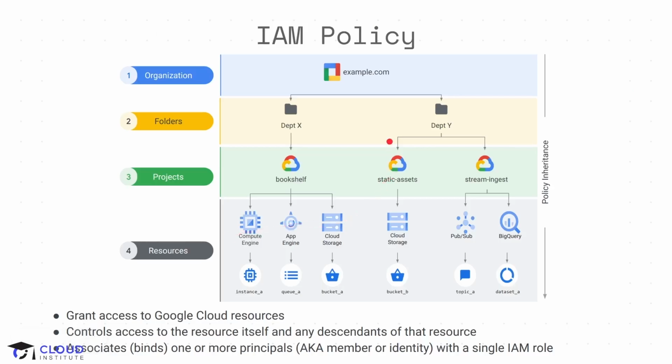We can return here to the policy, and we can see the policy is inherited from the upper node to the lower node. What does it mean? If we assign to some member a privilege on the organization node, this means this user will have this privilege in all the resources under the organization node.